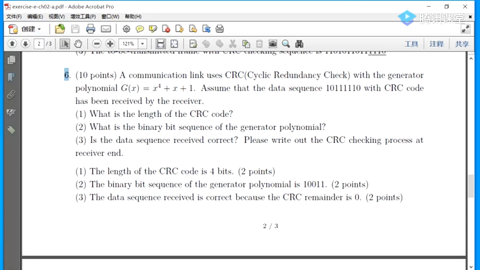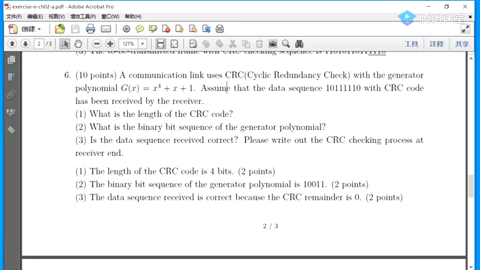The communication link uses CRC with the generator polynomial G(x). Assume that the data sequence 101110 with CRC code has been received by the receiver.